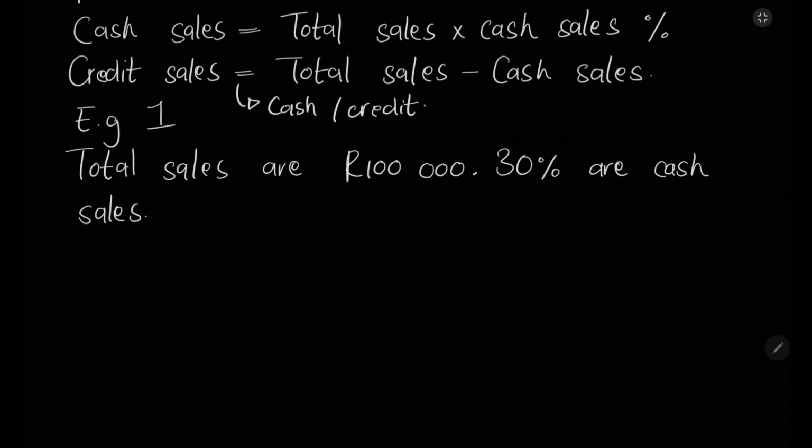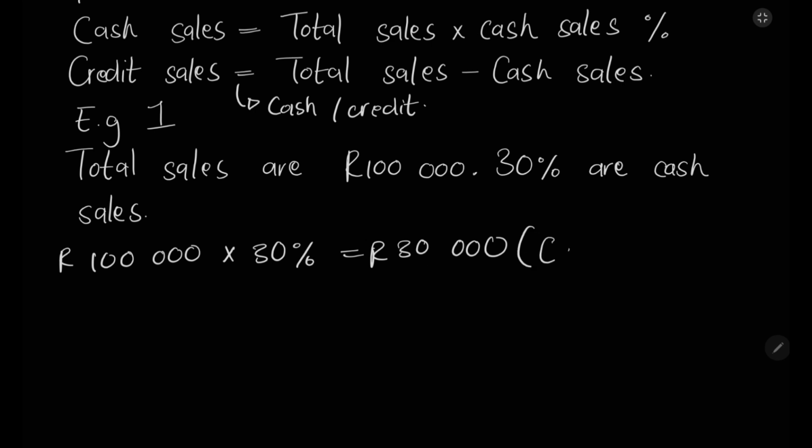Now let's multiply. Let's find our cash sales. You have to say 100,000 Rand times 30%. 100,000 Rand times 30% is 30,000 Rand. The 30,000 Rand is your cash sales.